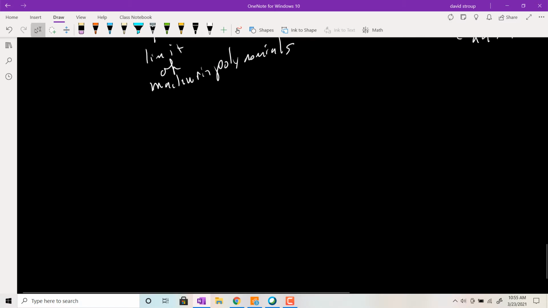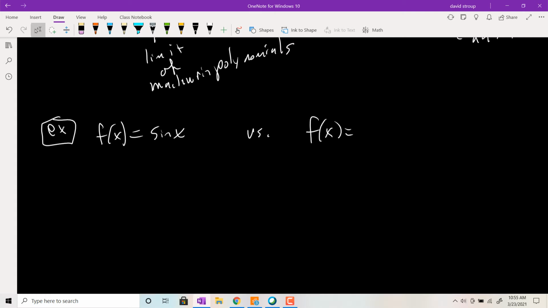Well, I kind of suggested that in the previous video when I was talking about f of x equals sine of x, versus this other guy, f of x equals, let's say, negative 1 if x is less than negative pi over 2, and then just sine of x if x is greater than or equal to negative pi over 2.